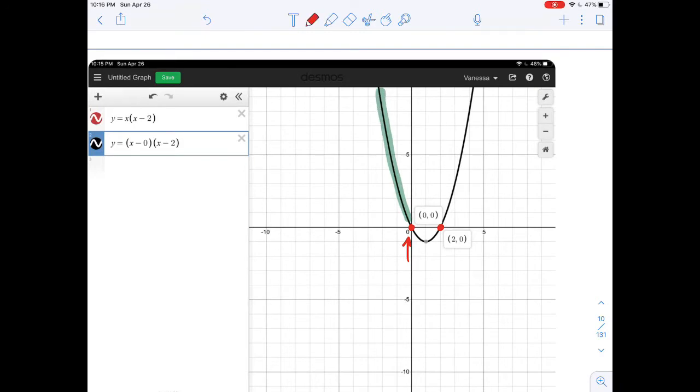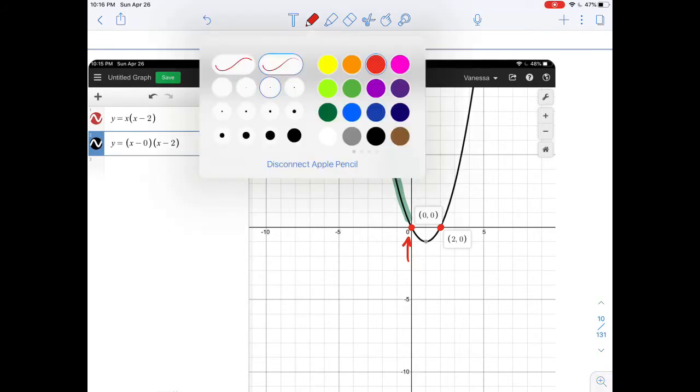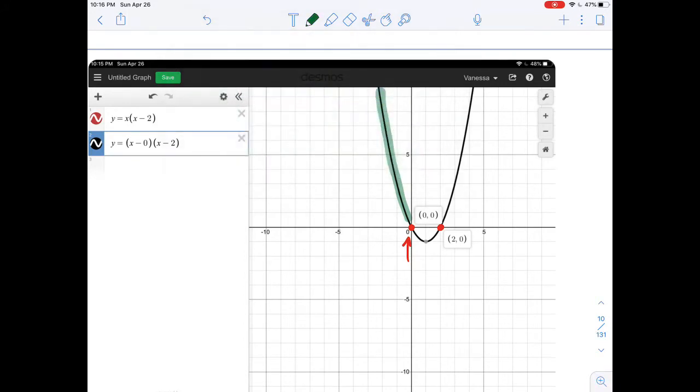And I want you to think about it. Is it in the positive? Is it in the negative direction? So on this side, the values that are above it are in the positive direction. Now we're going to take a look at the middle section in between the x-intercepts.